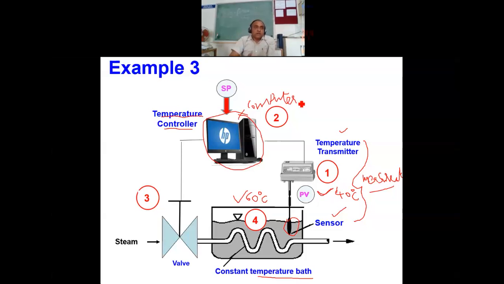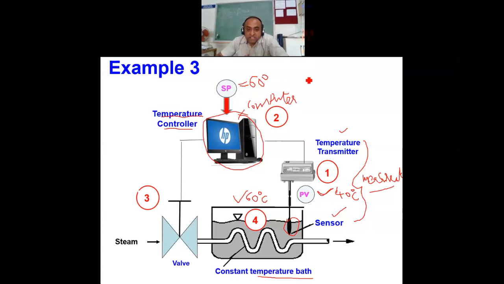Whatever your brain does, the computer will also do that. So your controller is a computer now. Here, this computer should have a set point. It should know what temperature you should maintain. So your set point has to be fed to the brain.